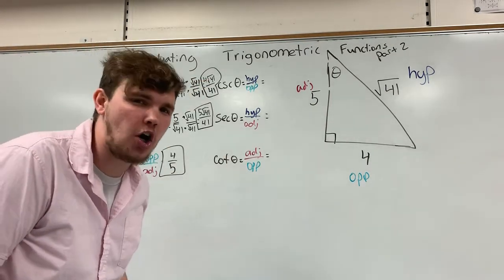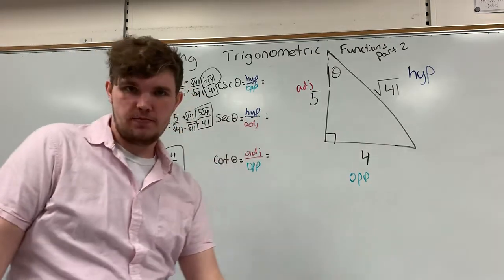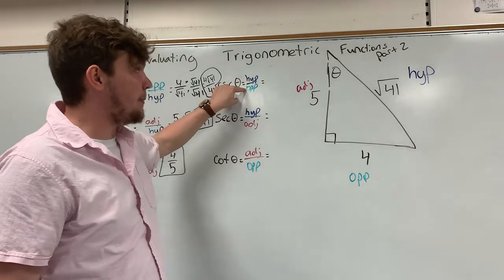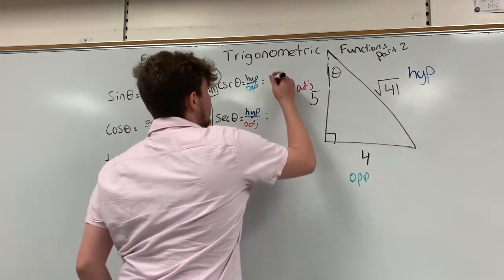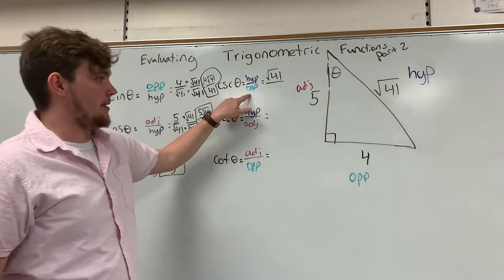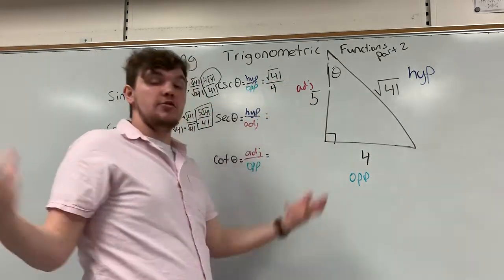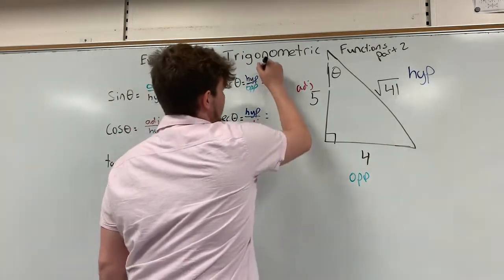That would make my life hard, right? Okay. So what I'm going to do, I'm basically going to start from scratch. Cosecant is the hypotenuse divided by the opposite. So square root of 41 is the hypotenuse. Square root of 41 divided by the opposite, which is 4. Okay. And then there's no square root in the denominator, so I'm good to set sail.